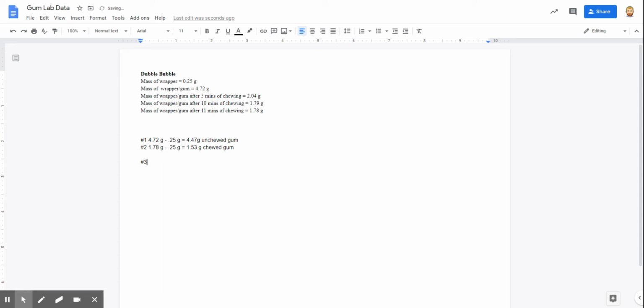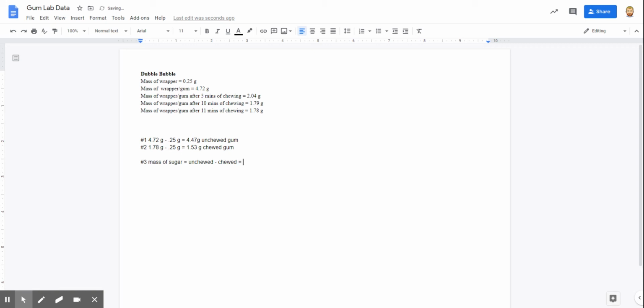Now, number 3 is asking you to find the percentage of sugar in the gum. In order to find that, you need a mass of sugar, and we haven't calculated that yet. So for this, you need to take the unchewed gum minus the chewed gum, and that will give you the sugar.